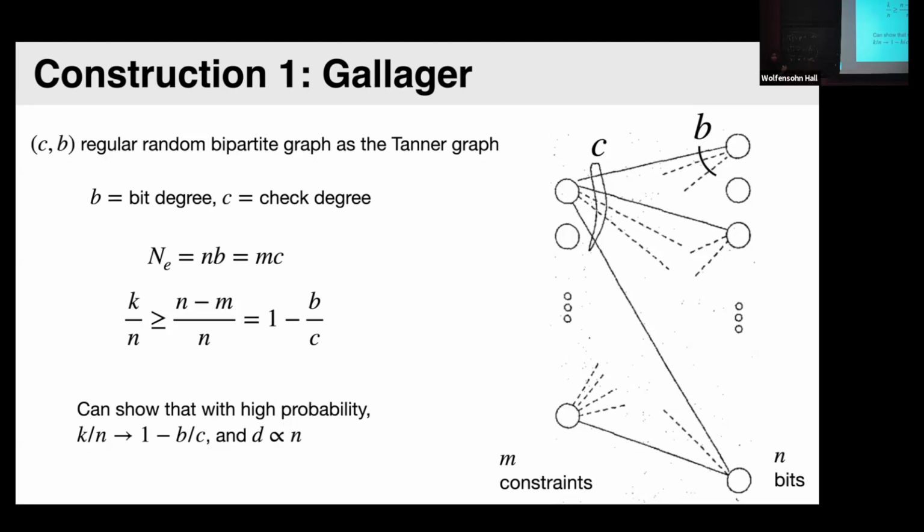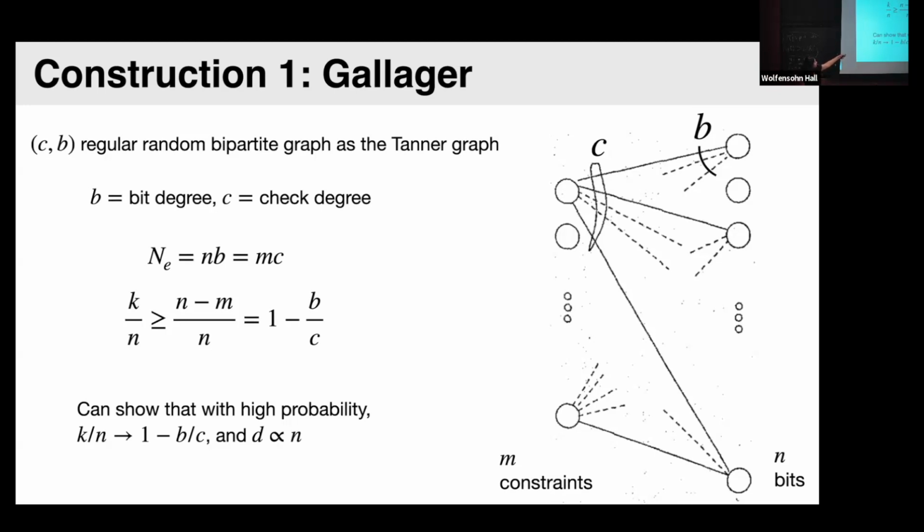If I had m independent constraints, then k would just be n minus m, that's the number of logical bits, and the rate would be r equals k over n. But because some of these constraints might be dependent, in general all you can say is that the rate is greater than or equal to n minus m over n.